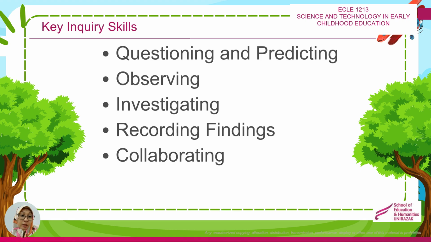Then we have investigating. Basically, we look deeper into things and try to find out, exploring and searching for clues. And then we have recording the findings, which is also very important. It means that we write down, sketch or draw what we find out.